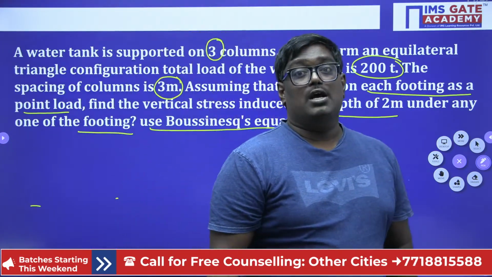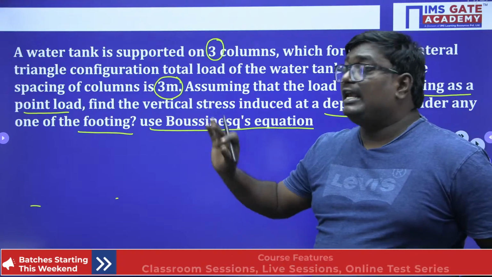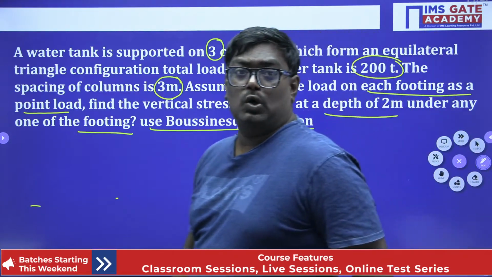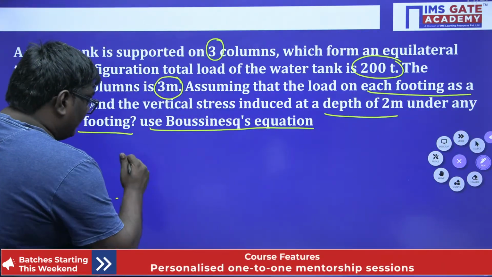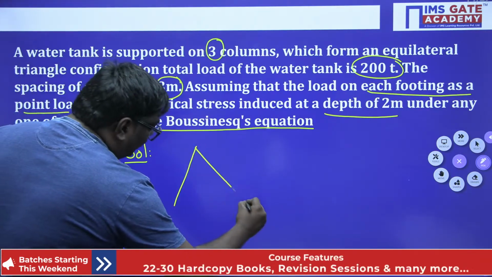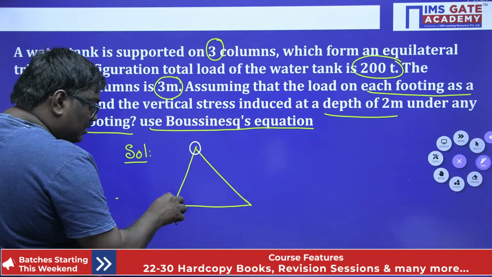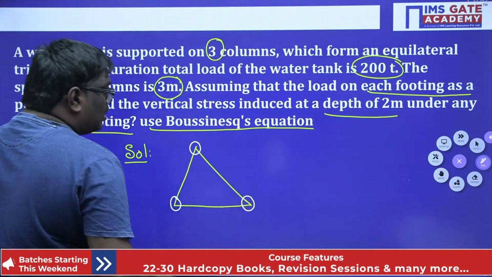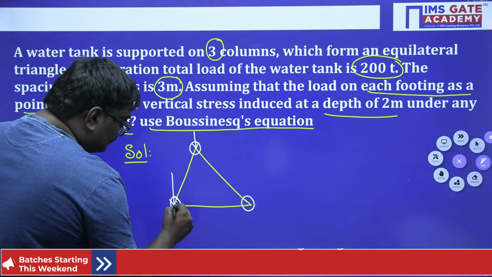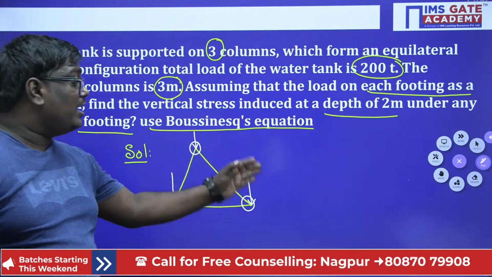Using Boussinesq's equation. Remember, my dear students, whenever this kind of question is asked, you should be very careful while solving the problem. A water tank is supported on 3 columns, and it is an equilateral triangle. When I start the solution, the water tank is in the form of an equilateral triangle, and here we have the columns.